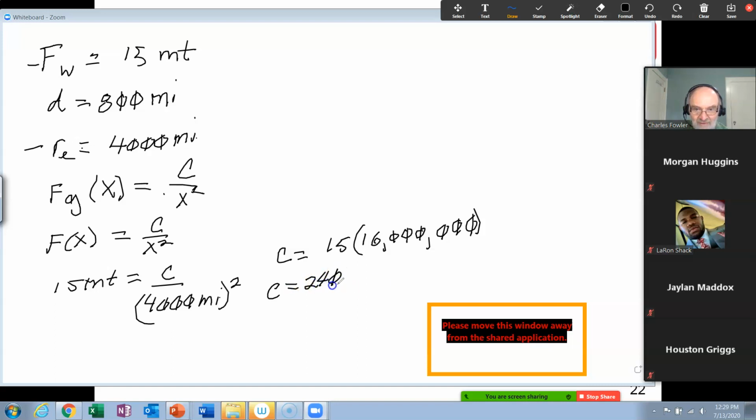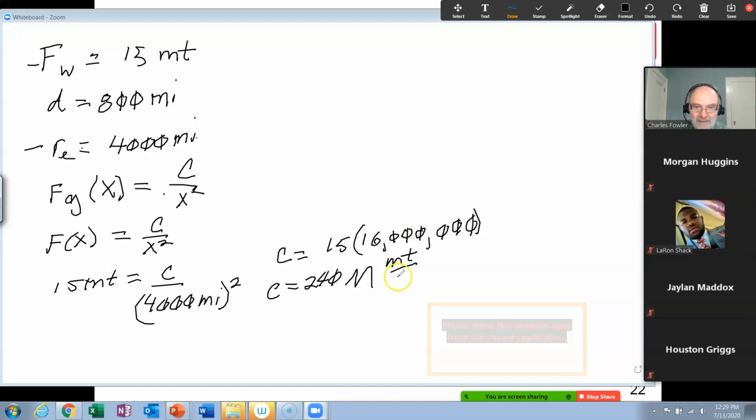And to keep from having to write all those zeros, I'm going to put a capital M. Now the units here are metric tons per square mile. There's something wrong with this picture.